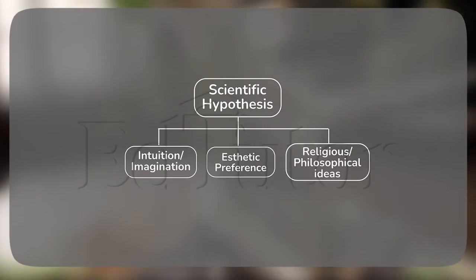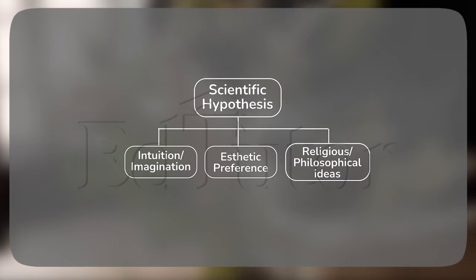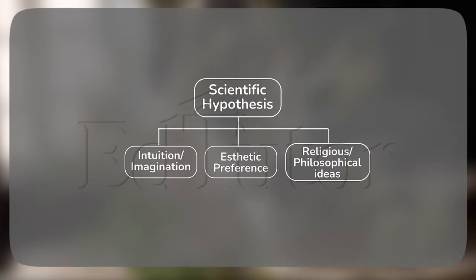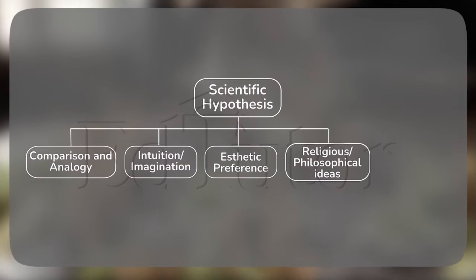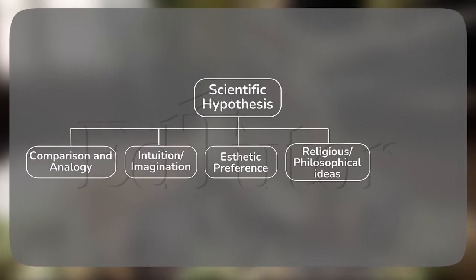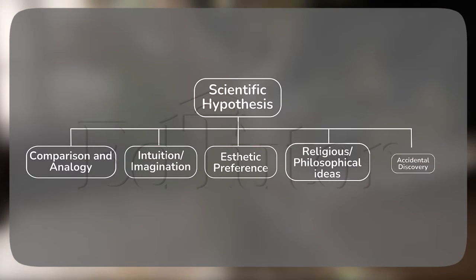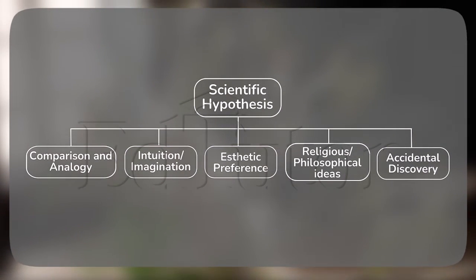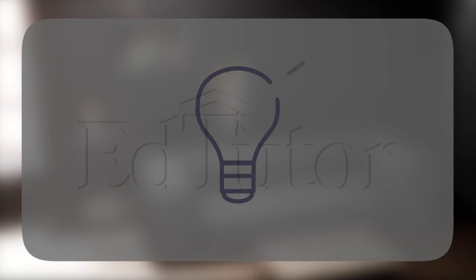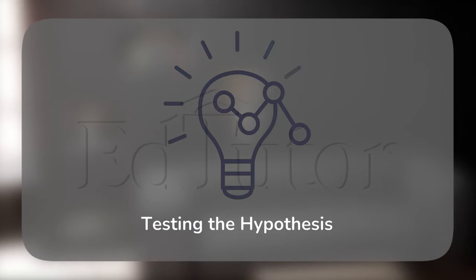Next up is aesthetic preference, along with religious or philosophical ideas that also help scientists in making a hypothesis. Comparison and analogy with other processes have shown some progress as well. And finally, the discovery of one thing while you were actually looking for another has helped too. All of these ways can also sometimes form bases for a scientific hypothesis.